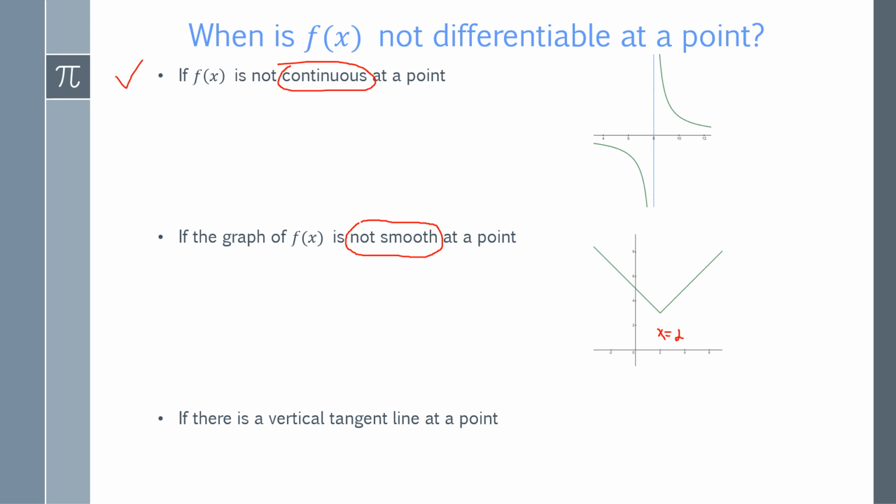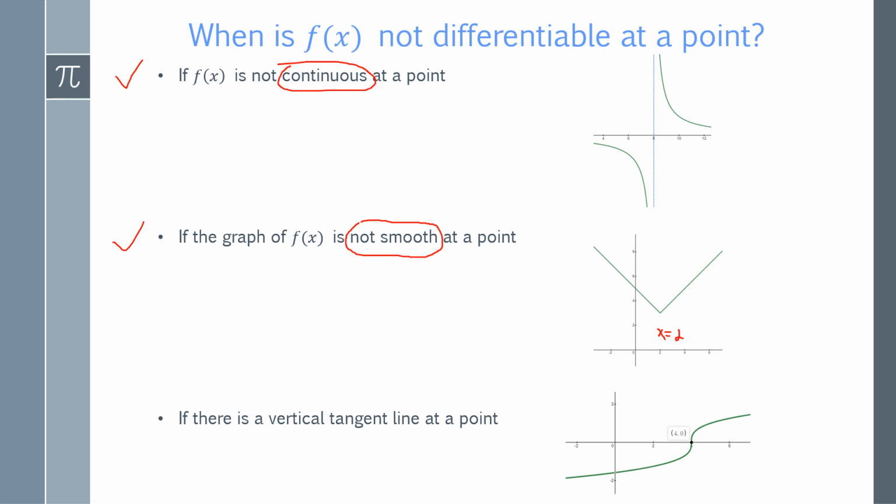It is not differentiable. And then the last case is if there is a vertical tangent line at that point. Here I have a cube root function. It's perfectly continuous and the graph is smooth.